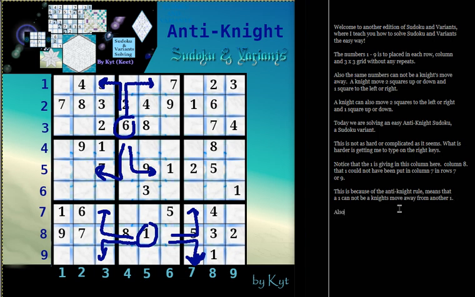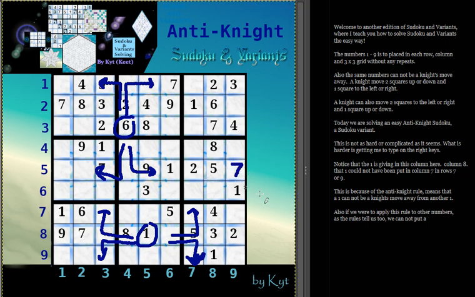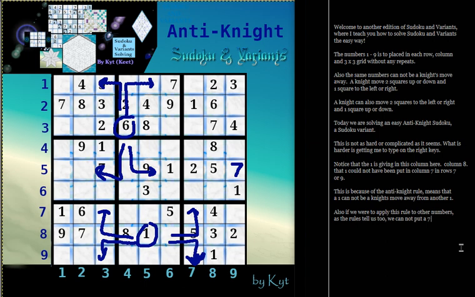And also, if we were to apply this rule to other numbers, as the rules tell us to, we cannot put a 7 in that square because it is a knight's move away from another 7.